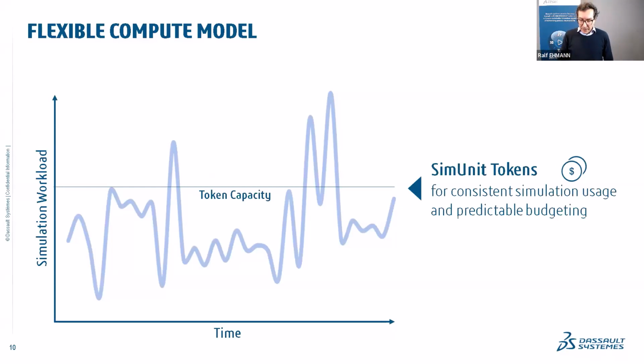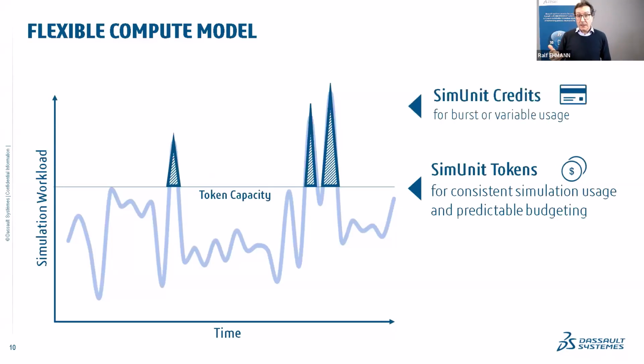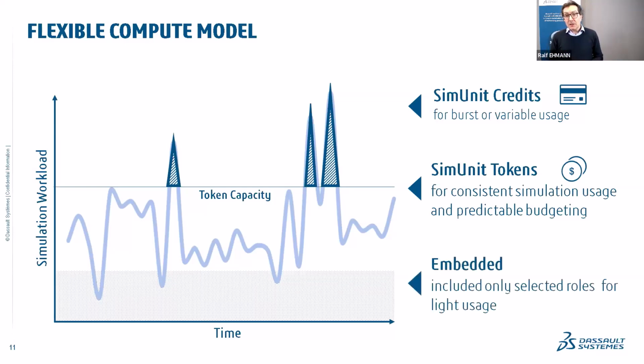Now, let's assume you have a peak, you have a burst, and you don't want to wake up at 4 o'clock in the morning to go to the company and get the token. So you can still run your simulation, and you can apply credits, for example. But finally, let me point to the hashed area on the bottom.